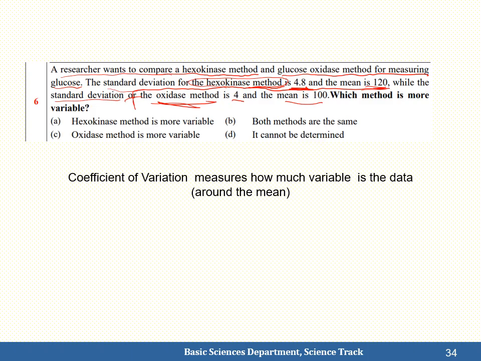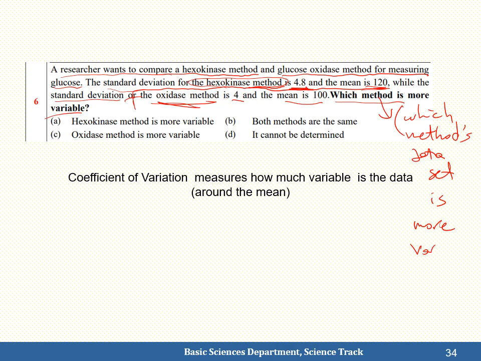So it's asking which method is more variable. Indeed, it's asking which method's data set is more spread, more variable or changing, more spread around the mean.